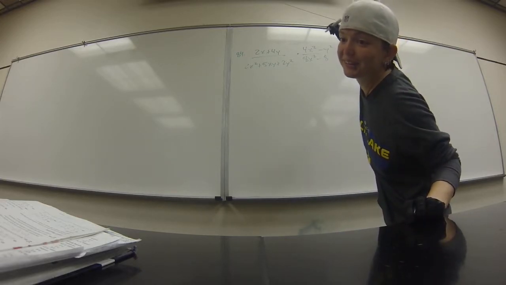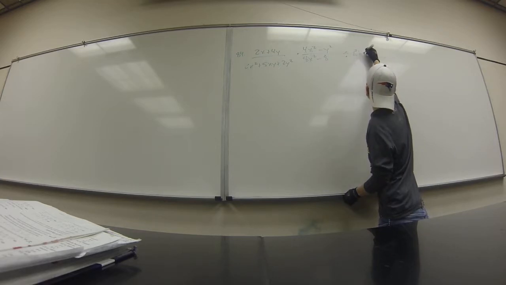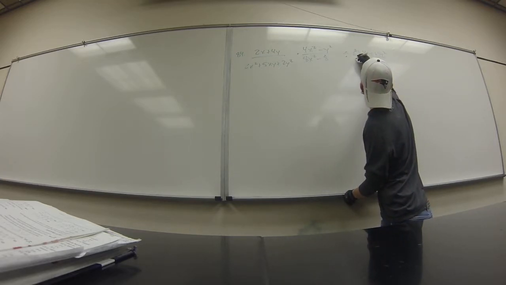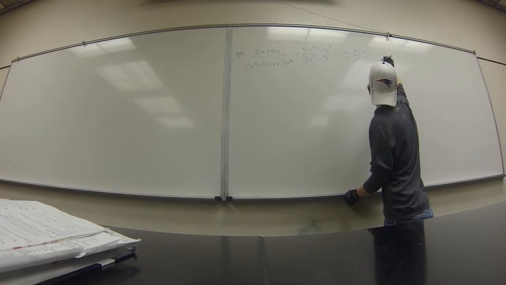X squared plus 4xy plus 4y squared over x squared minus 6xy plus 9y squared.